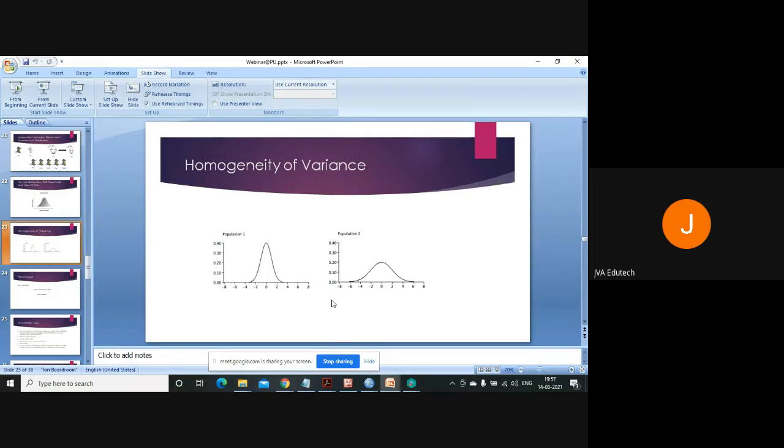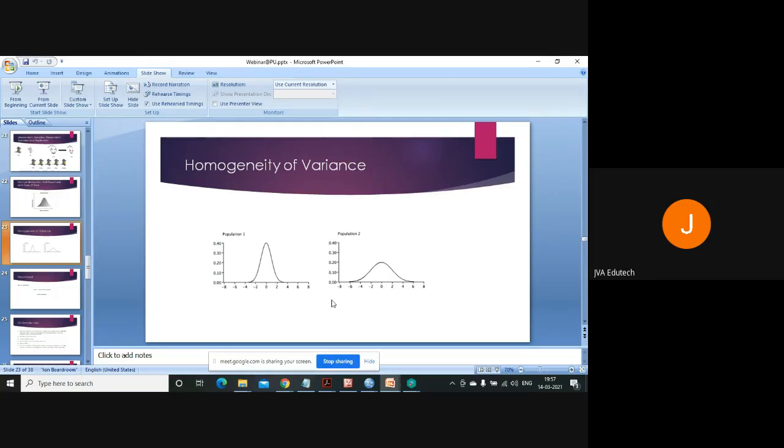This means in the first case we have taken samples from two populations, population 1 and population 2, and you can see that in one population the normal distribution curve is very steep and short. In another one, it is small but elongated. So the first case is of no homogeneity, whereas the second case is of homogeneity.